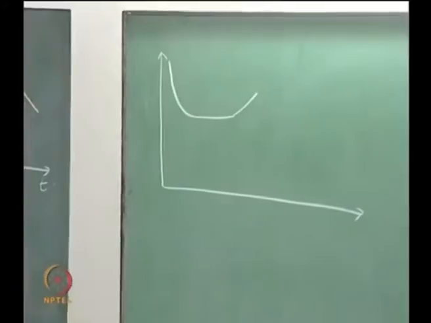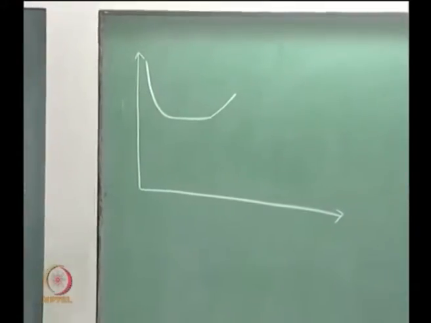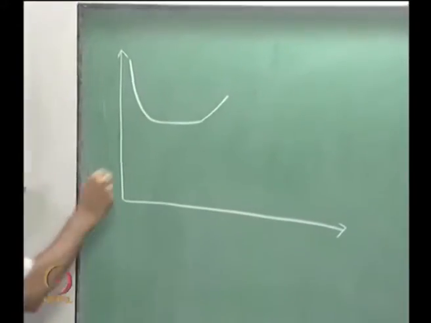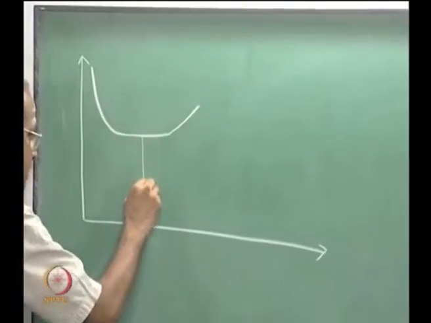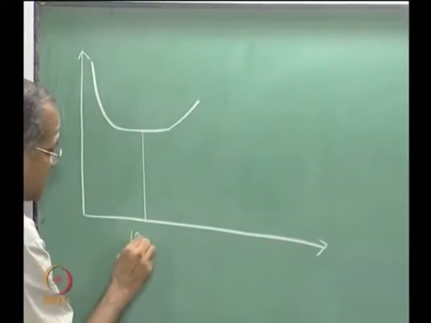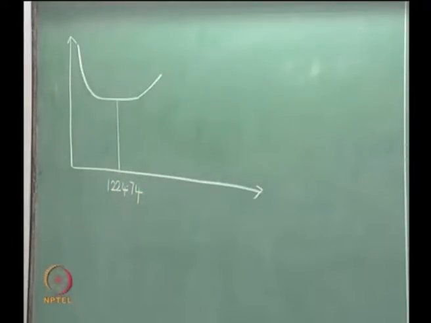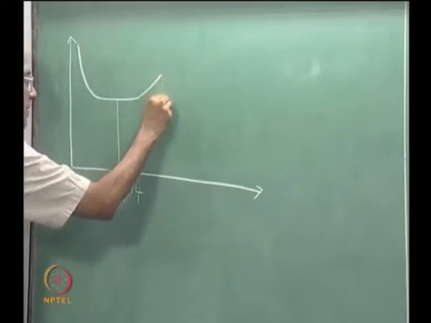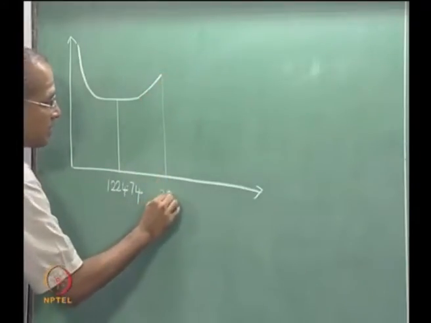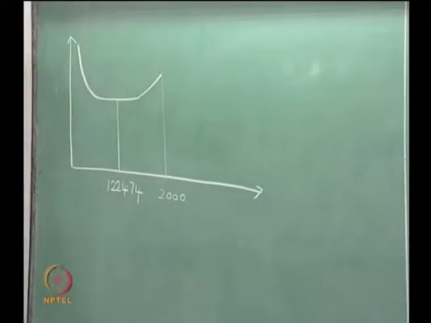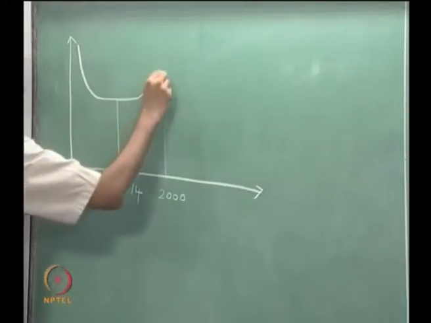We have already seen that the total cost curve is very flat near the economic order quantity. So, let us say this is the economic order quantity, 1224.74, and then at 2000 let us say we are getting this discount.